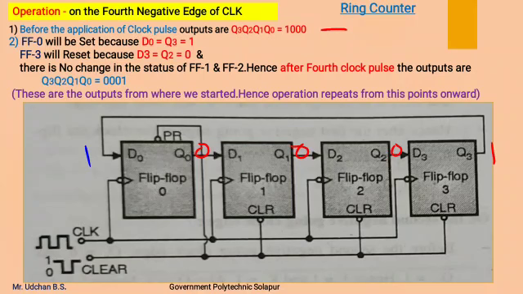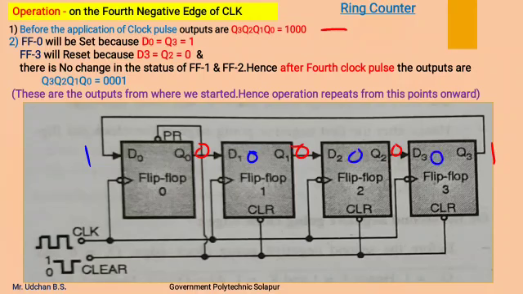Q0 is 0, D1 will be 0. Q1 is 0, D2 will be 0. Q2 is 0, D3 will be 0. Now based on these inputs, we will get the respective outputs: Q0 as 1, Q1 as 0, Q2 as 0 and Q3 as 0. So after the fourth negative edge of the clock pulse, we have the output as 0 0 0 1.